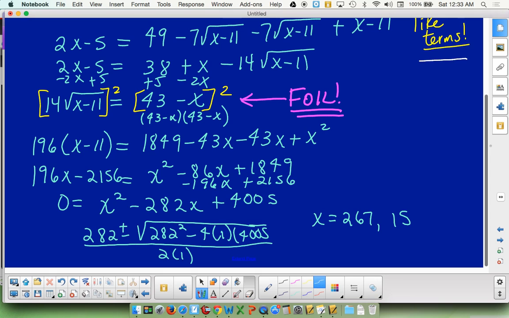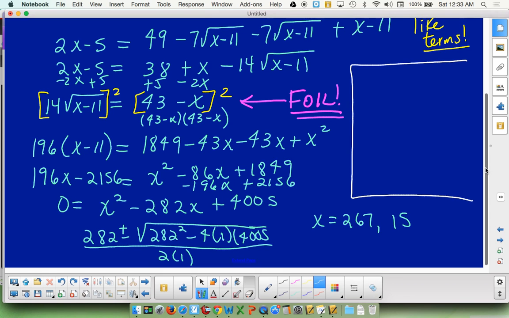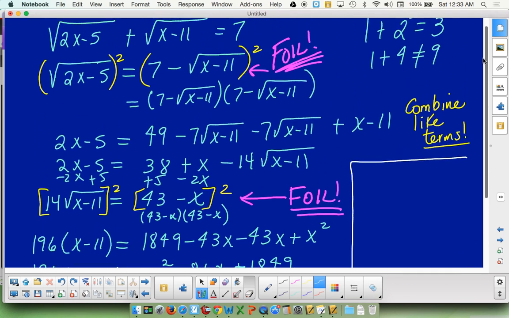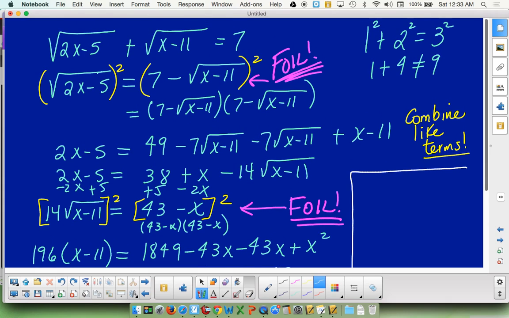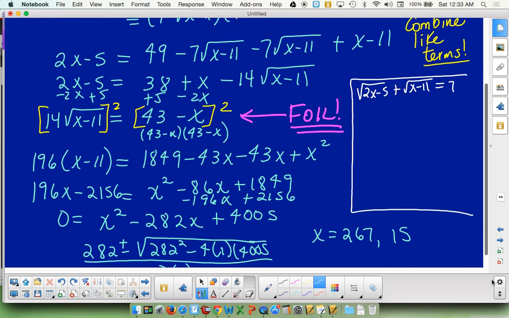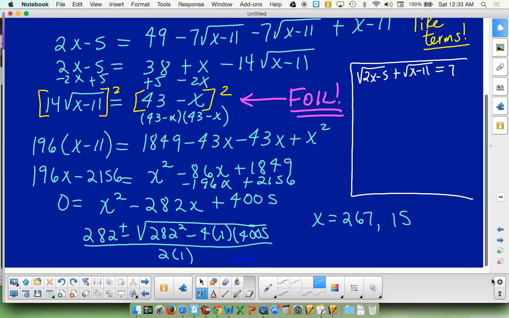So I'm going to see if I can do a little check in this space here. The original problem, since I can't see it very well, I'm going to rewrite it: square root of 2x minus 5 plus square root of x minus 11 equals 7. Okay, I'm going to check that. If I pop 267 in there, I find out that I get square root of 529 plus square root of 256 is supposed to equal 7.